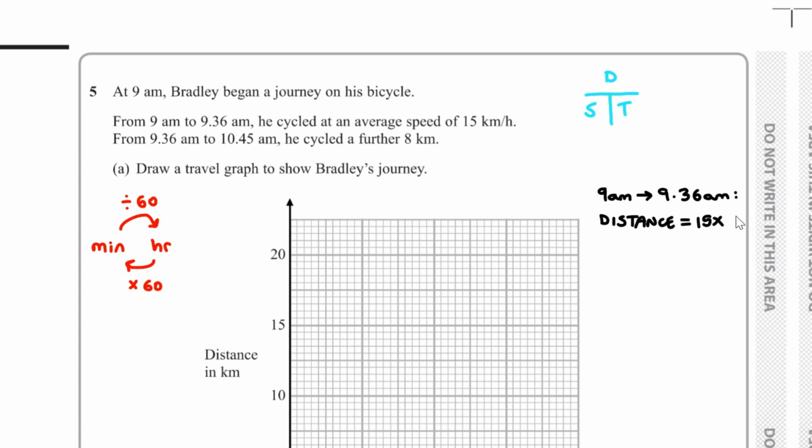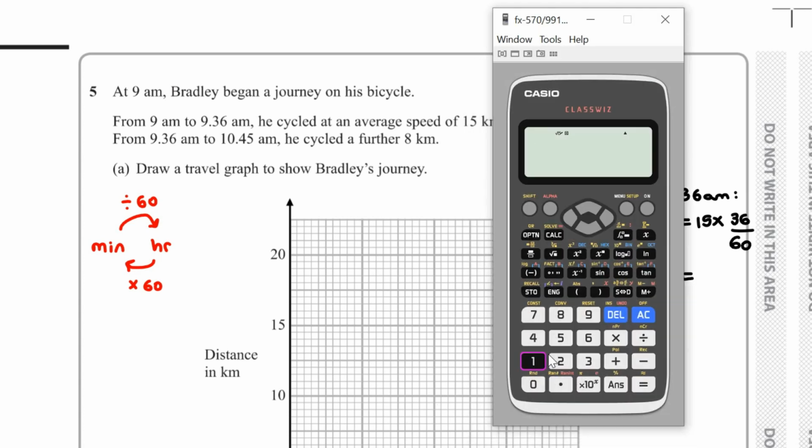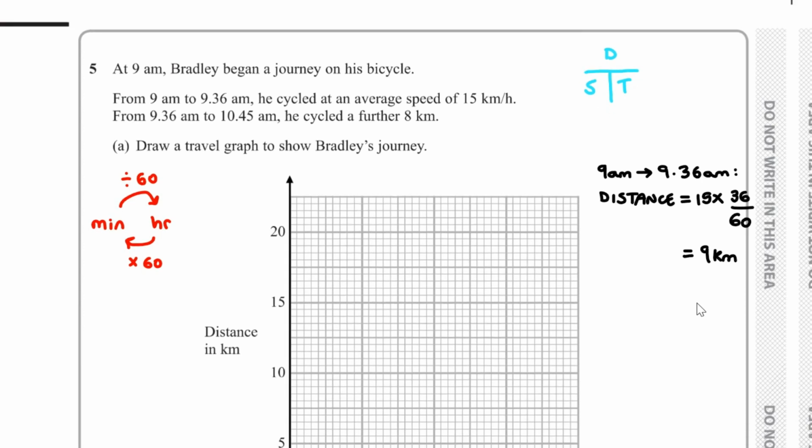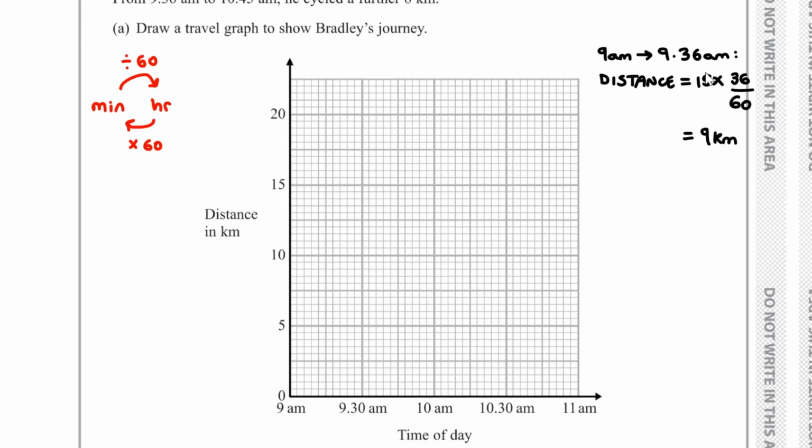Well, here we've got 36 minutes, and that in hours we have to divide by 60. So if we work out the distance, 15 times 36 over 60, that's 9. So we have 9 kilometers. So from 9 AM to 9:36 AM, the distance is 9 kilometers.